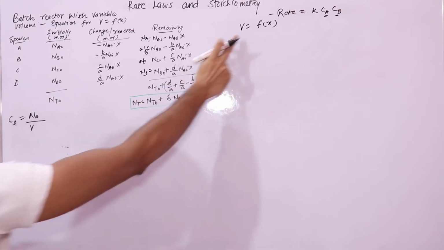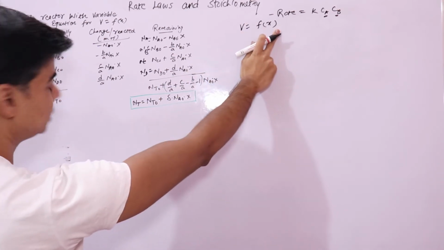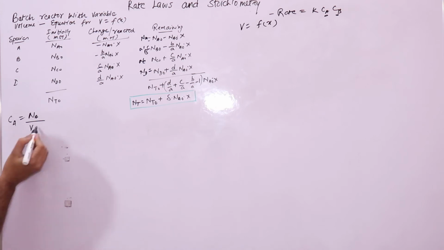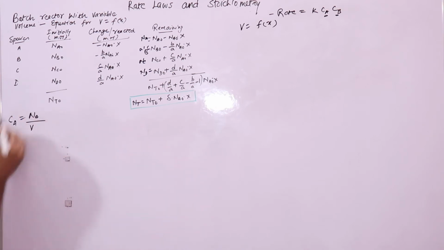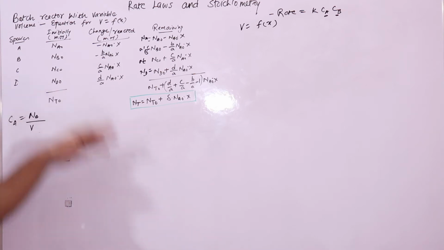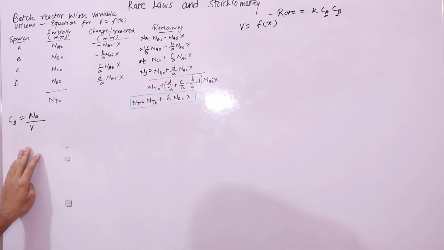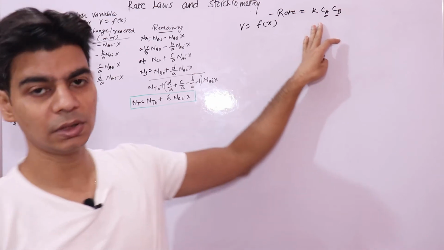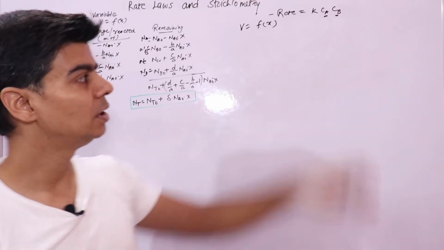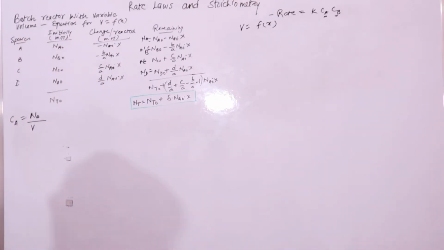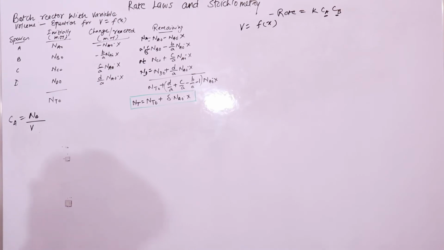Once you have volume as a function of conversion x, you substitute it in this expression to get concentration as a function of conversion, and then substitute in this equation to get rate in terms of conversion. So let's quickly look into it.